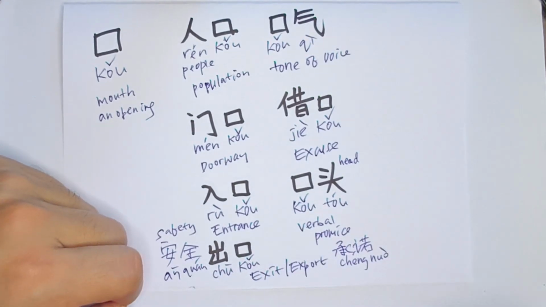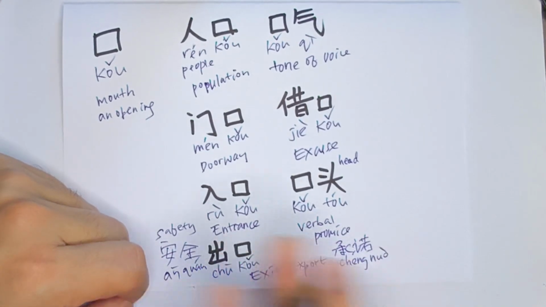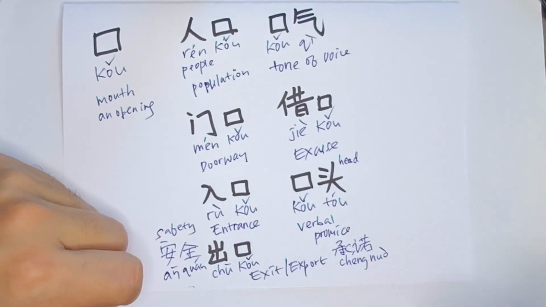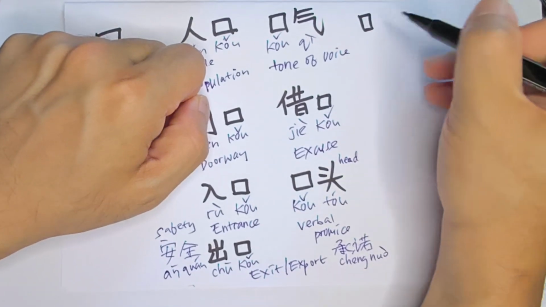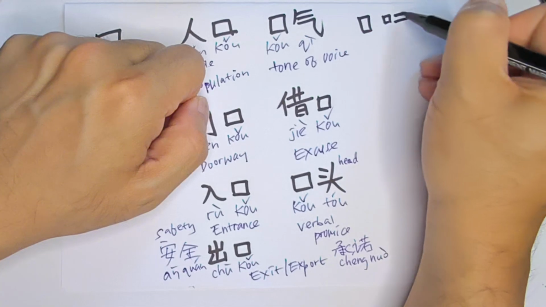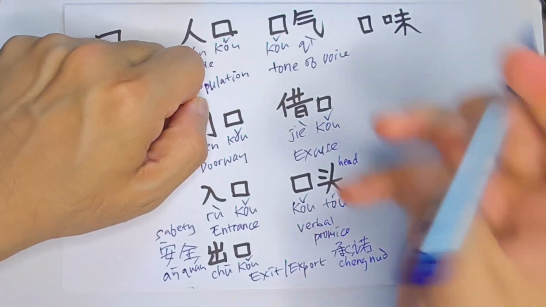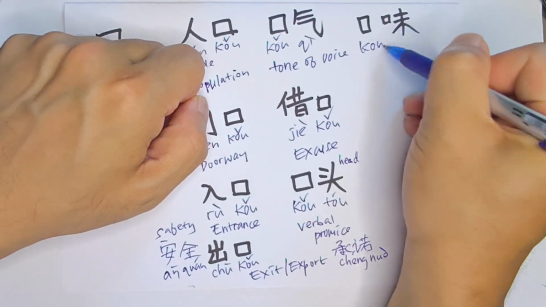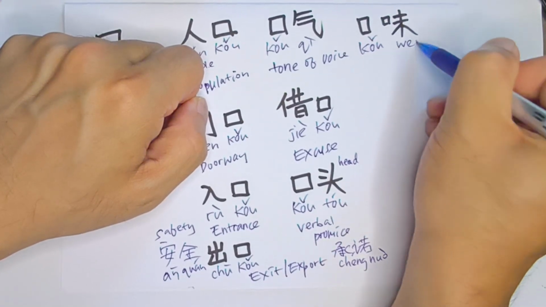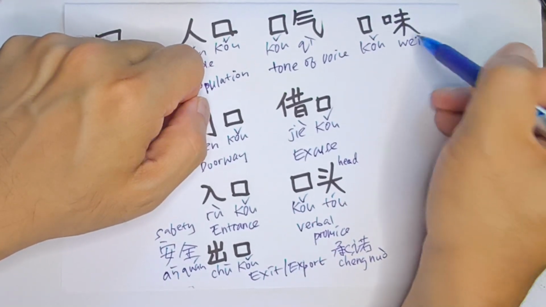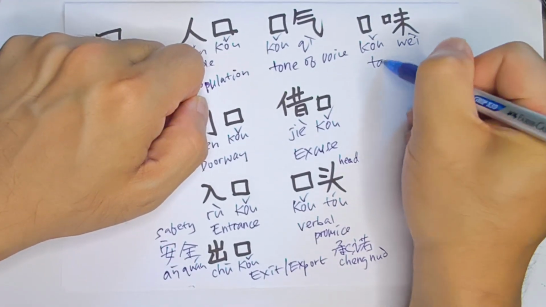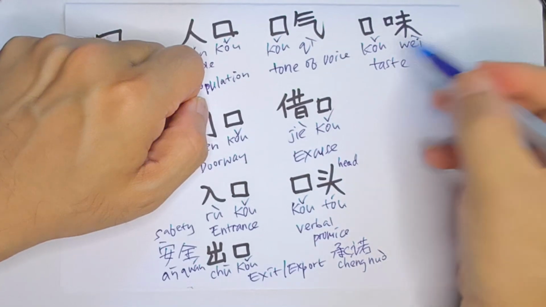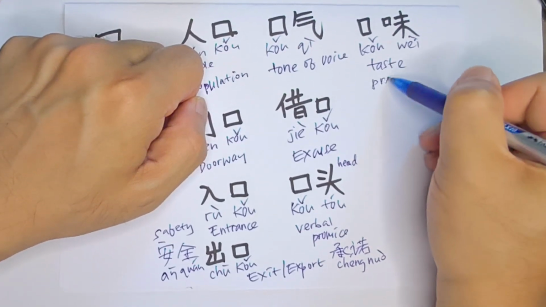Nothing written, okay? 口头 is verbal only. We're just saying this is verbal, not recorded. Then we have 口味. 口, 味, fourth sound. 口味 means taste, or your preference.